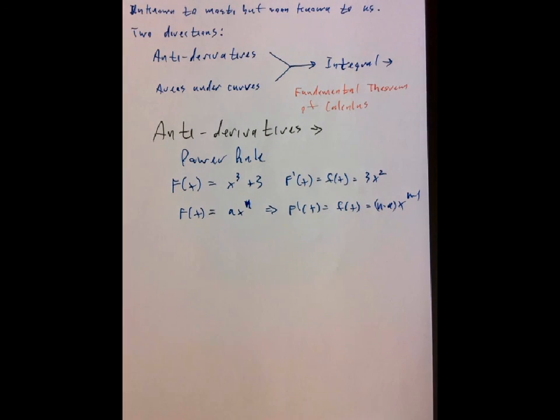We multiplied the exponent in front to get the new coefficient, and then we subtracted 1 from the exponent, right?